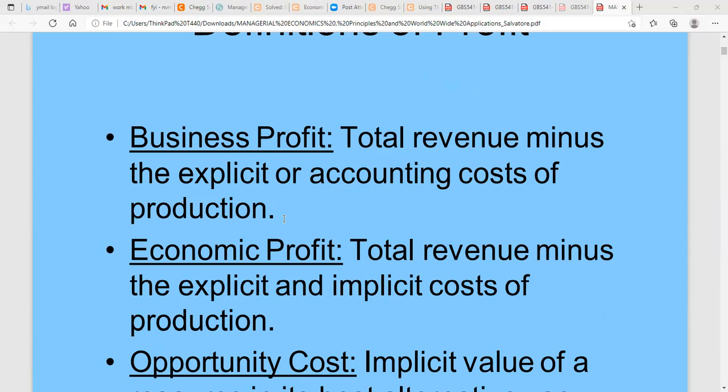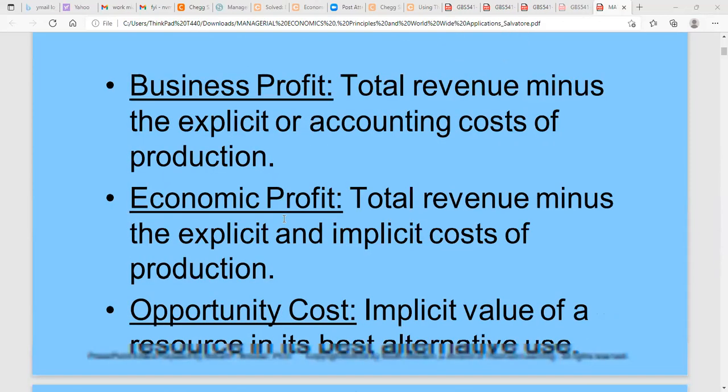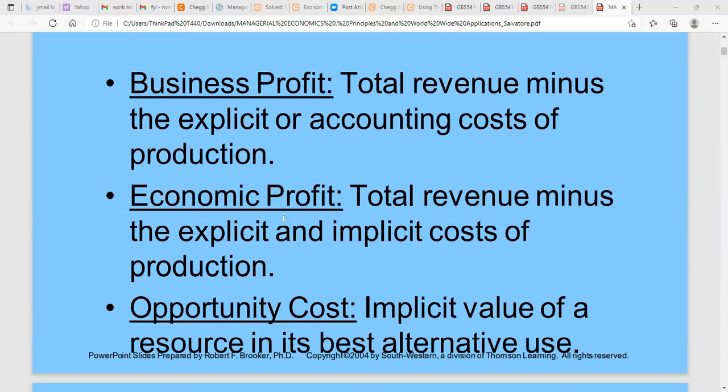This is total revenue minus the explicit costs, and we also subtract the implicit costs, the implied costs that are not out of pocket but are actually incurred. So if you are a businessman and you are not paying rent because you own that building, to calculate your economic profit you need to also charge for rent, as if you were renting the building, so that you earn what is called economic profit.